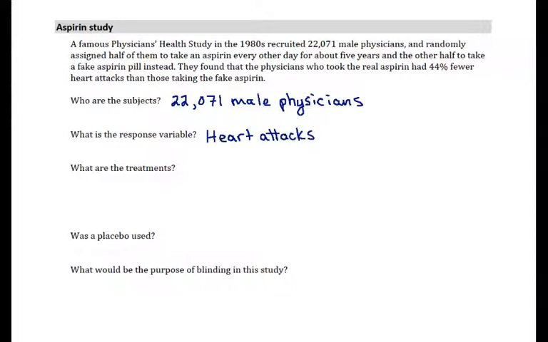The treatments are the real aspirin and the fake aspirin. And together, these make up the explanatory variable.